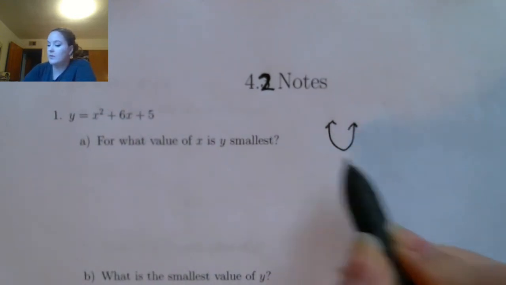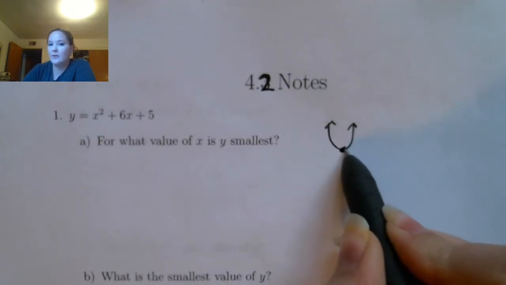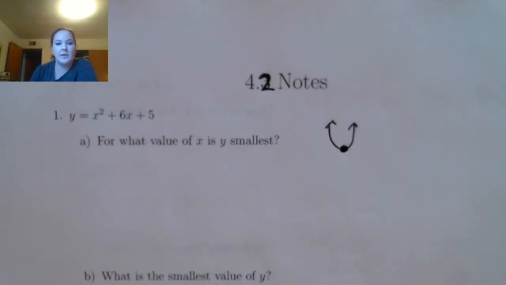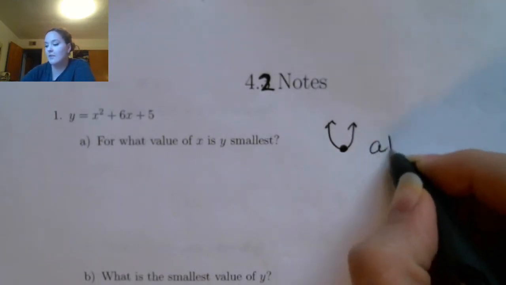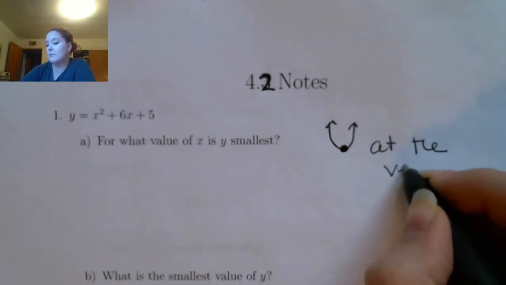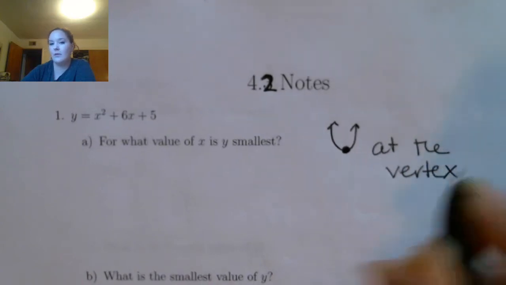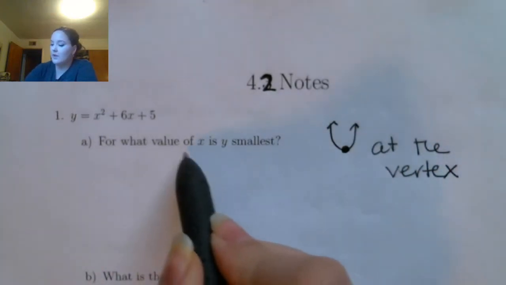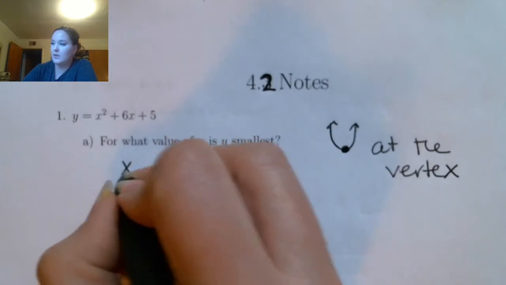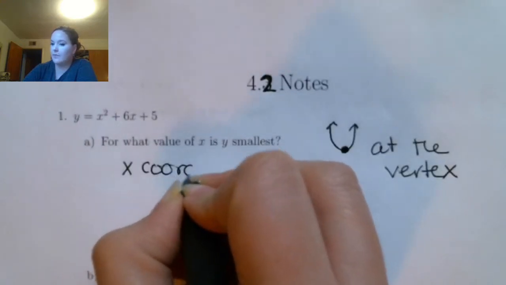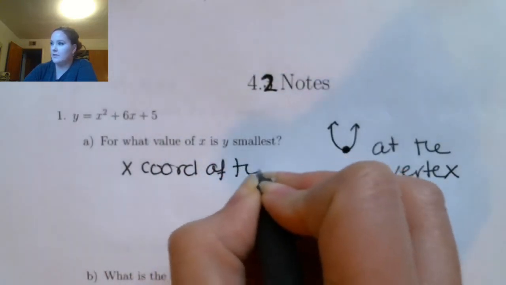So if we're looking for the smallest value of y, it should be at this point here, which is the vertex. This is going to be the x-coordinate of the vertex.